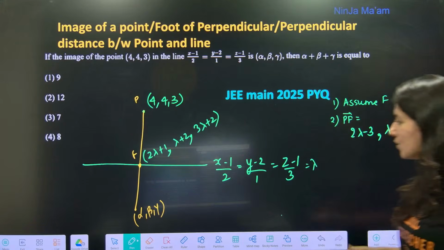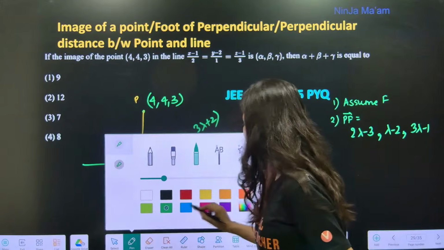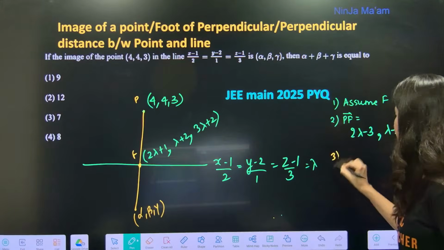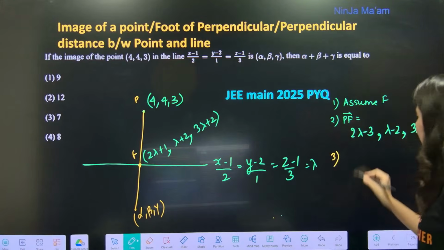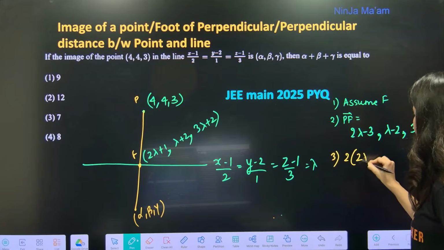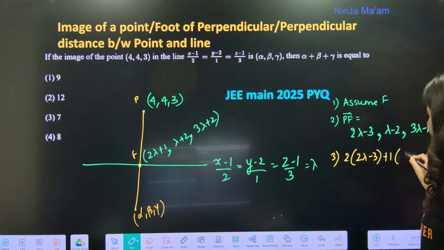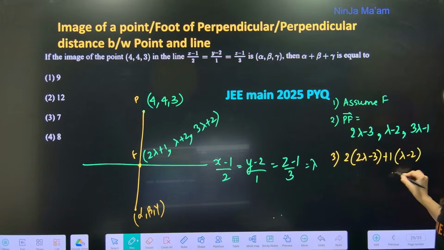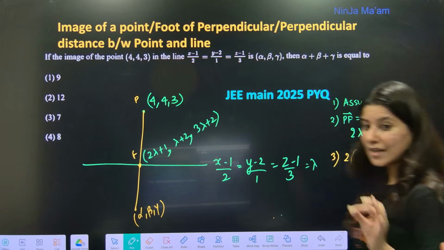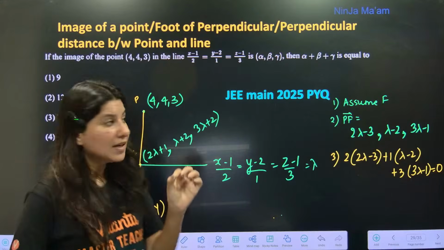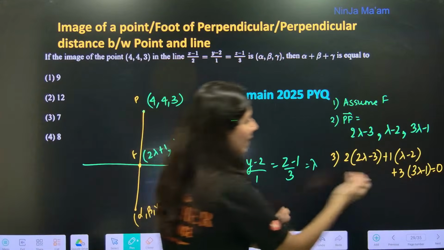Third step, PF vector dot (2, 1, 3). So dot product: 2 lambda minus 3 plus 1 lambda minus 2 plus 3 lambda minus 1 equals 0. Step 3 will give you the value of lambda.